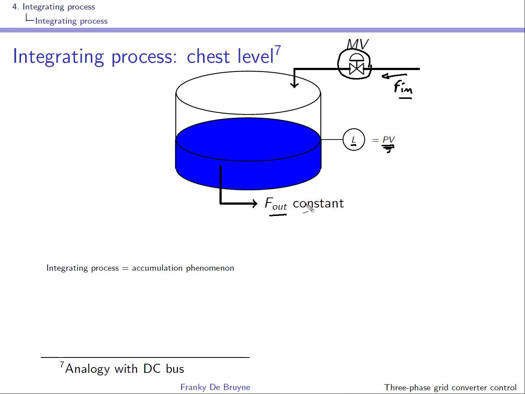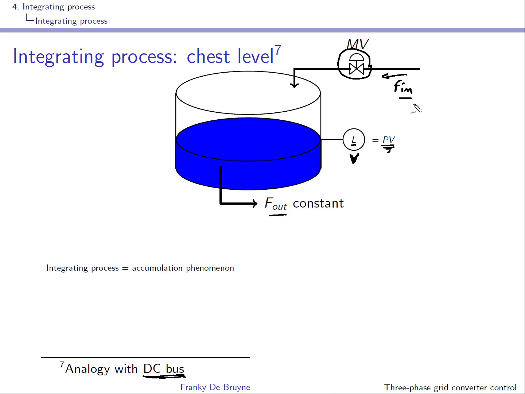So a water tank is actually an integrating process, and you see the analogy here with the DC bus. You replace your water tank by a capacitor, and the voltage will replace the level.